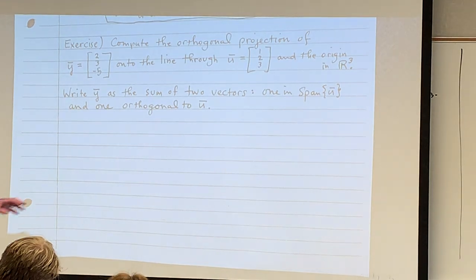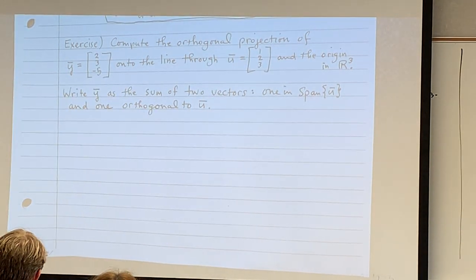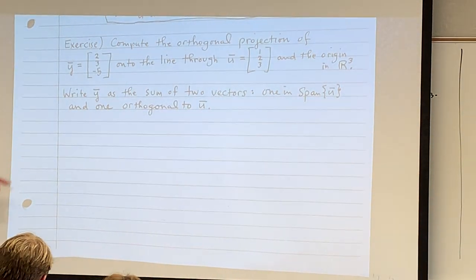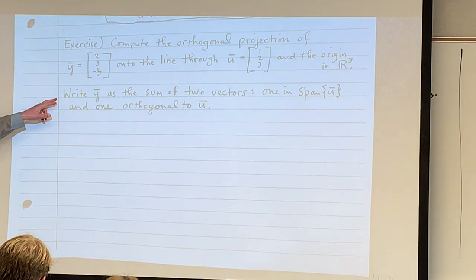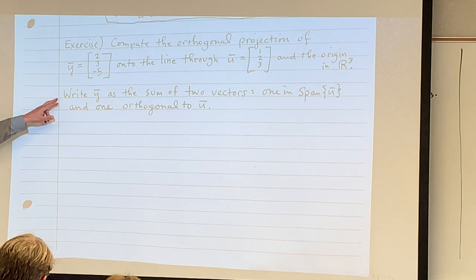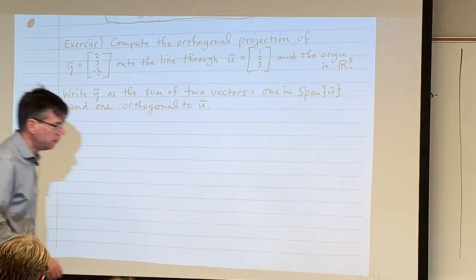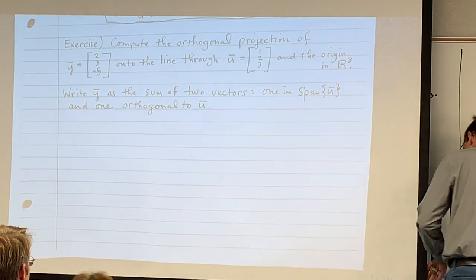That just means onto the subspace spanned by u in R3, the one-dimensional subspace spanned by u. And then we're going to write y as the sum of two vectors, one in the span of u and one orthogonal to u. I'll leave that up.